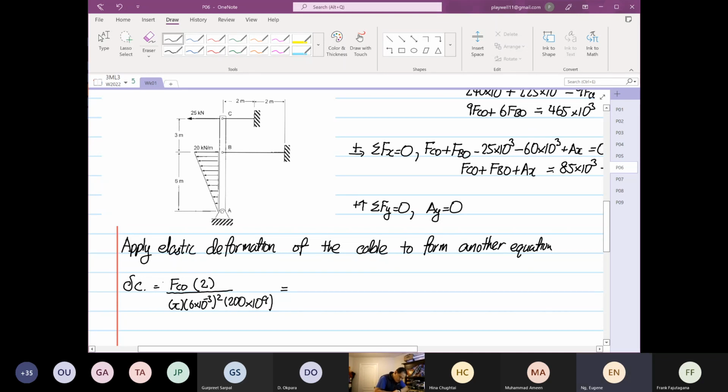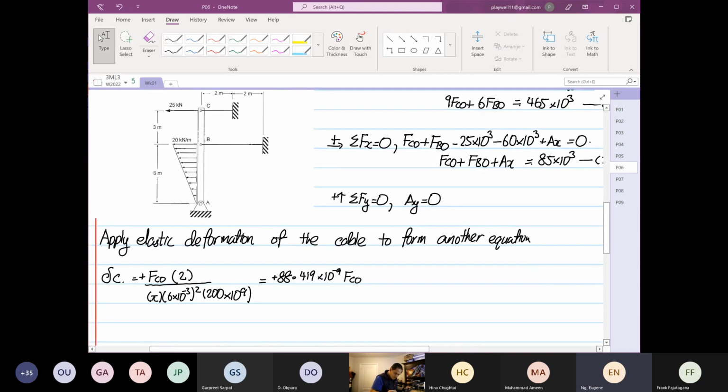We know that it's going to be tension. So 2 divided by pi divided by (6 times 10 to the power minus 3) squared divided by 200 times 10 to the power 9 is equal to 88.419, positive in tension, times 10 to the power minus 9 FC naught. This will be our equation number 3.